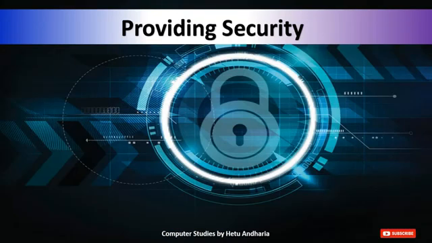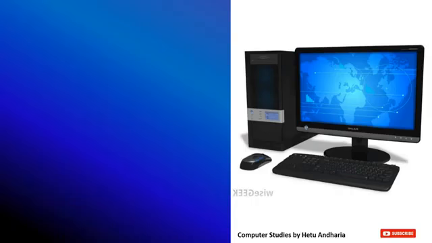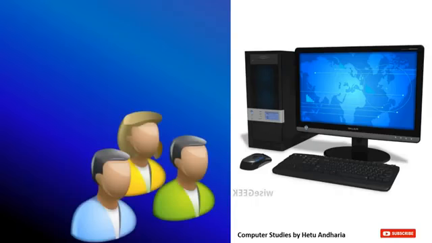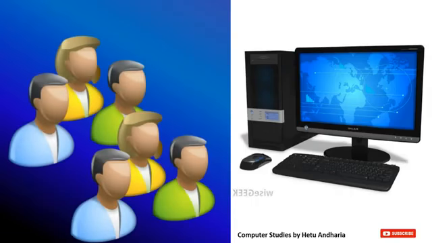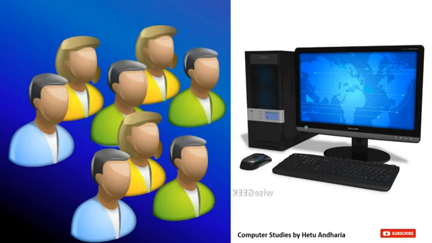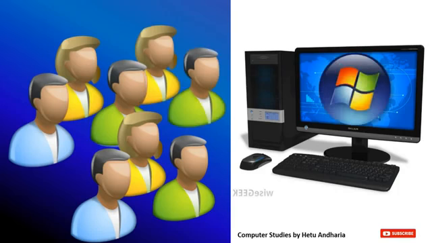Then providing security. Now when multiple users are accessing the same computer system, then the operating system must provide some level of isolation between the users so that one user cannot disturb the work of another user.